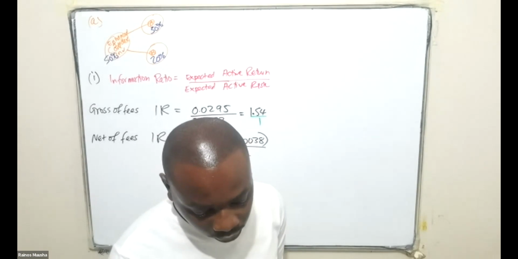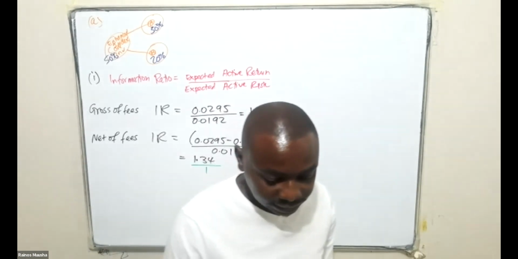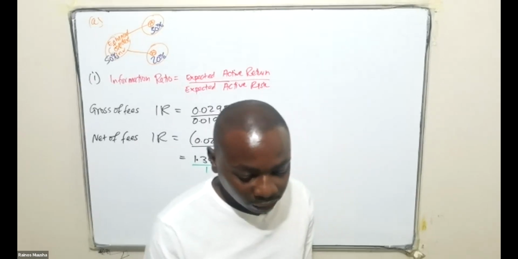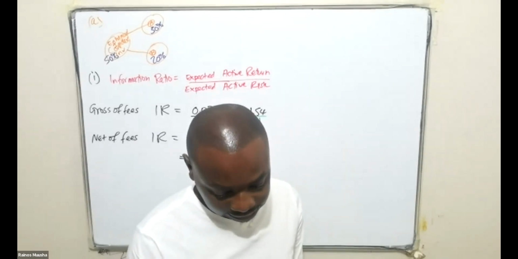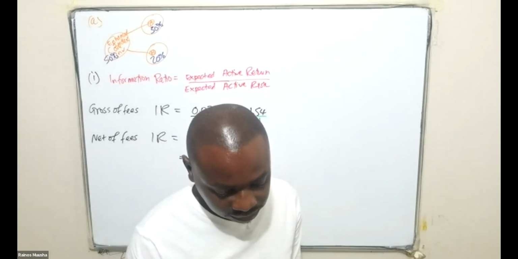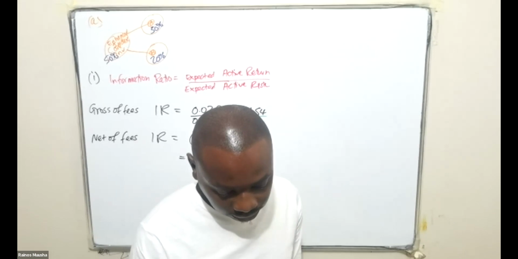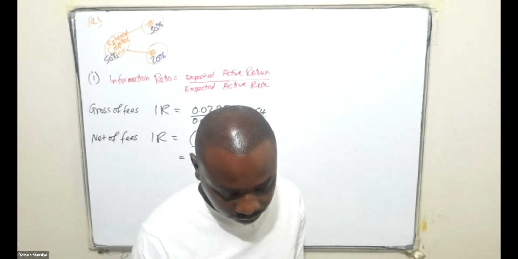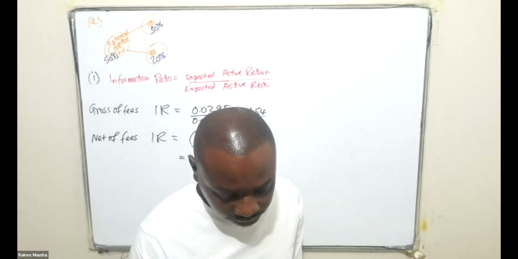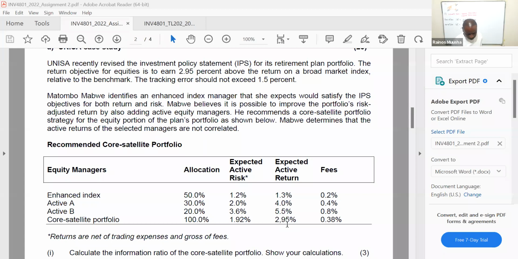Now we need to find out how much our expected active return is for the portfolio. If you check all the information that we're given, remember our core satellite portfolio has an expected active return of 2.95%, but there's also a fee of 0.38%.